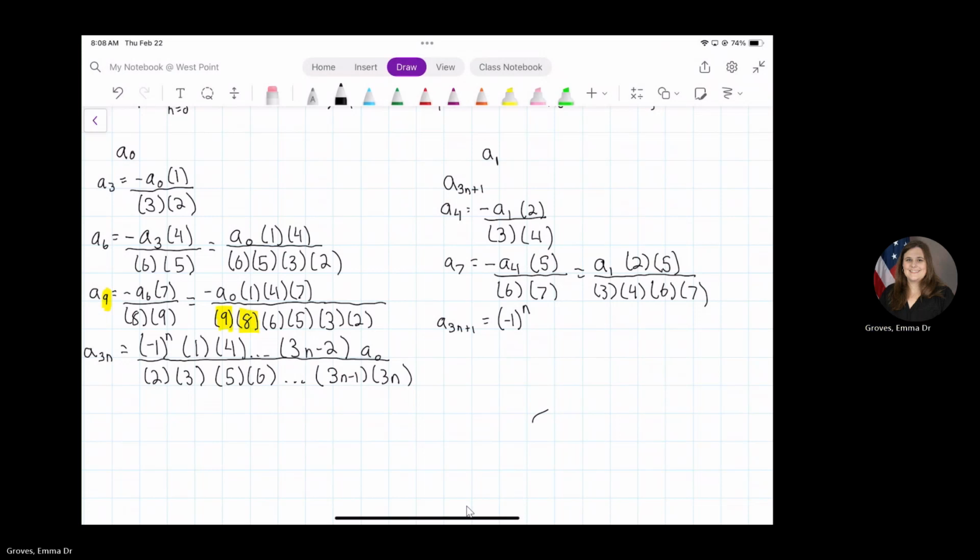And then we have a1, because all of these are going to have a1 in common. And then we have 2 and 5. If I were to continue that pattern, it would probably be 2, 5, 8, 11, right? We're counting up by 3s. So the way I can write this is 2 times 5, and then the general thing is 3n minus 1.